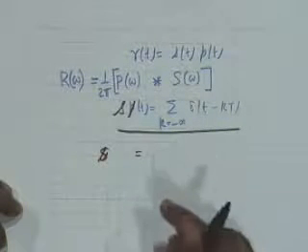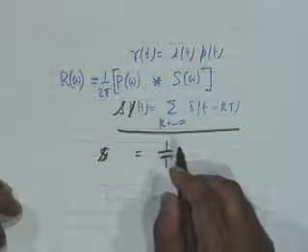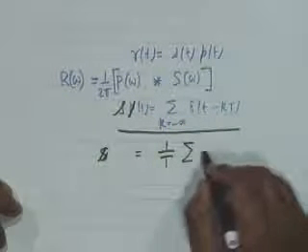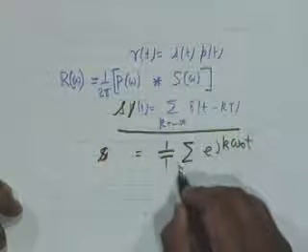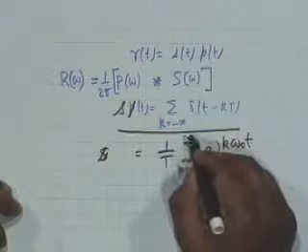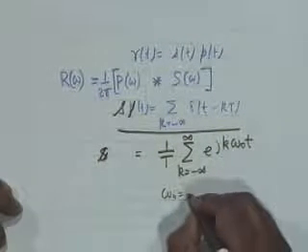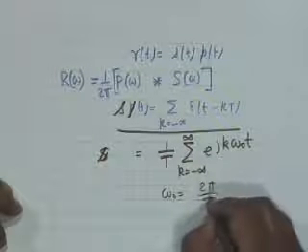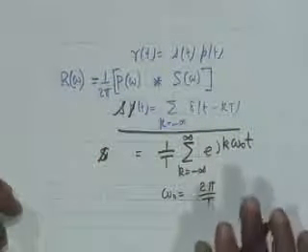The coefficients are all 1 by T, and therefore 1 by T e to the j k omega 0 t, k goes from minus infinity to plus infinity. This is the Fourier series where omega 0 is equal to twice pi over T. Alright. This is the Fourier series. We have already done that.